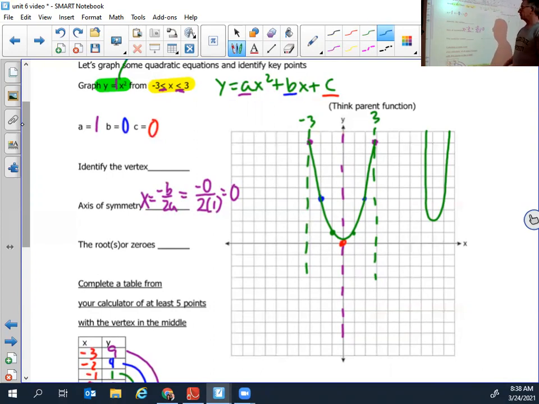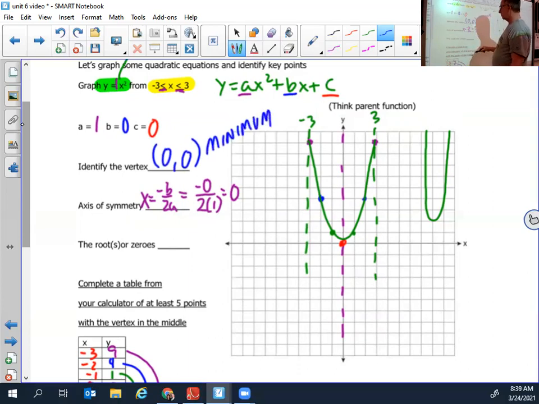All right, so our vertex is at 0, 0. That's our low point, okay? It is a minimum. They didn't ask, but we're just going to add that because it opens upward. And the 0 is the only spot that it touches the axis, right there. And zeros or roots are listed as a set, okay?